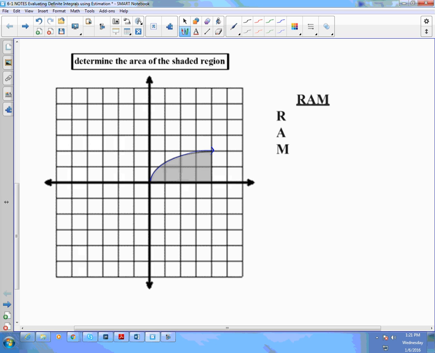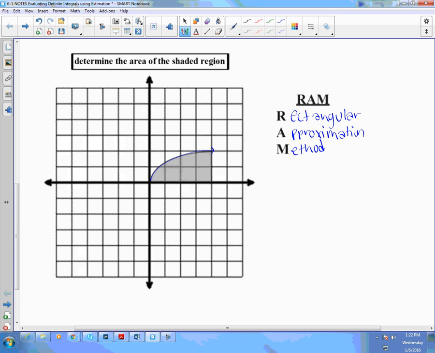We can approximate underneath the curve, where it stops at the x-axis, by using RAM approximation, pretending like we're making rectangles. RAM stands for rectangular approximation method.